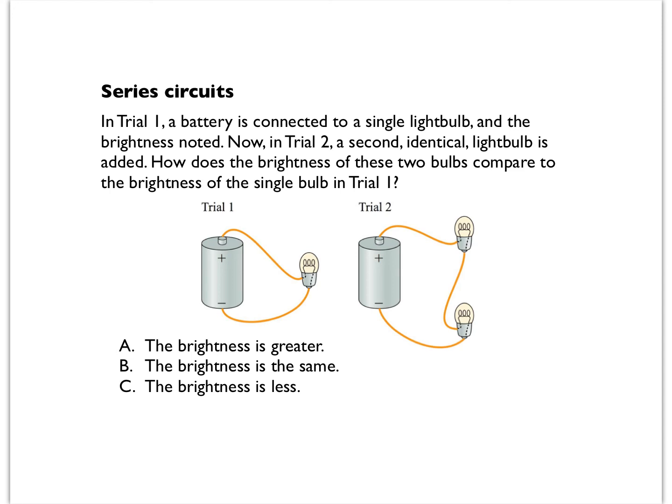Each of these bulbs is only going to see 1.5 volts across it. Since the current is equal to delta V divided by R, if the bulbs have less voltage across them, they will have less current through them, because we assume the resistance is a property of the bulb, and that is fixed. So I'm going to predict in the second trial that the bulbs will be dimmer, and in fact that is what you will see if you were to set this up.